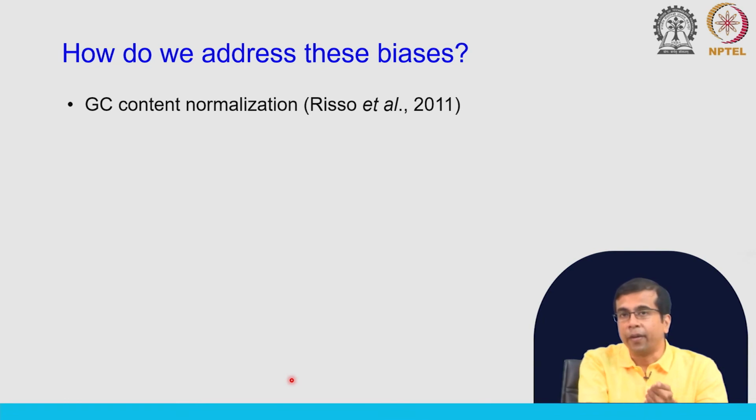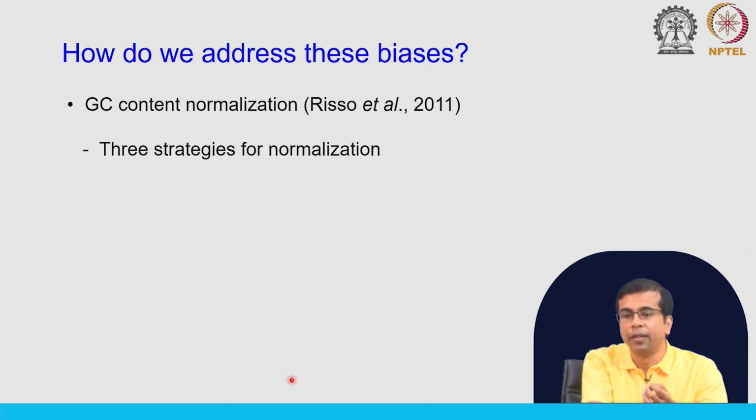Now, there are specific methods that have been proposed, for example, for GC content normalization. We have learned about this GC content bias, which arises because of the difference in amplification efficiency between different fragments with different GC content. This has been proposed in the paper mentioned here, and they have suggested 3 strategies for normalization. Again, you can have a look into the details.